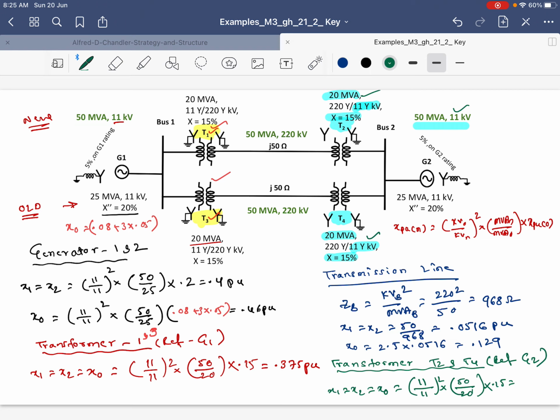Therefore, for T2 also we are getting 0.375 per unit. These are the positive, negative and zero sequence reactances.